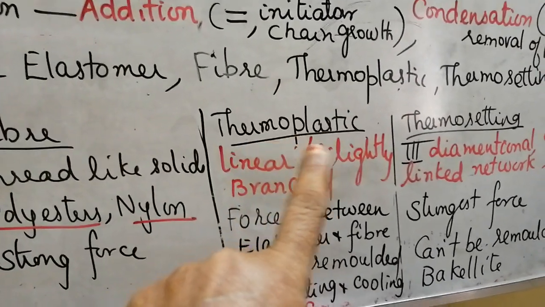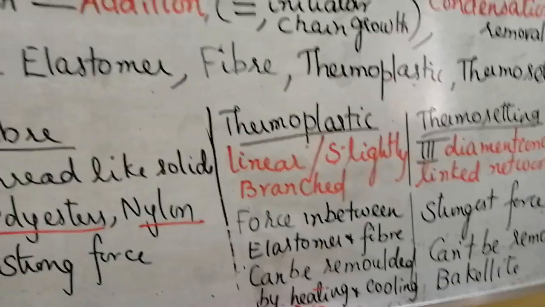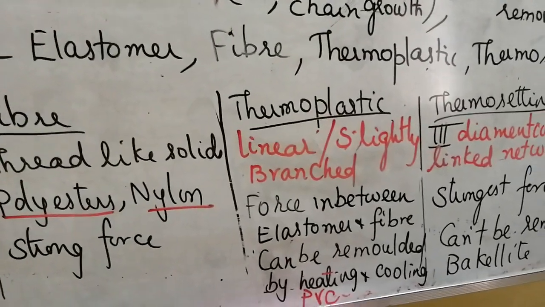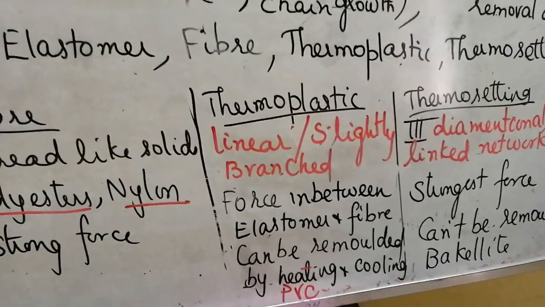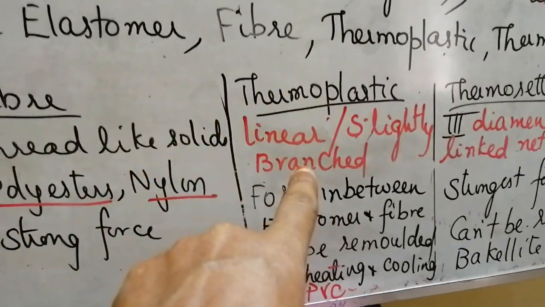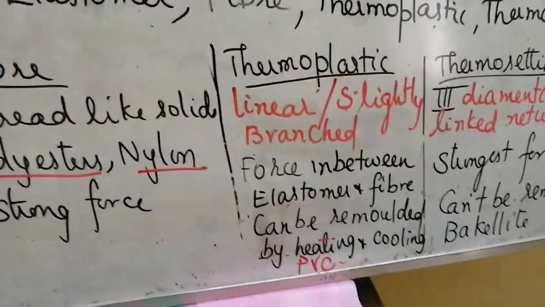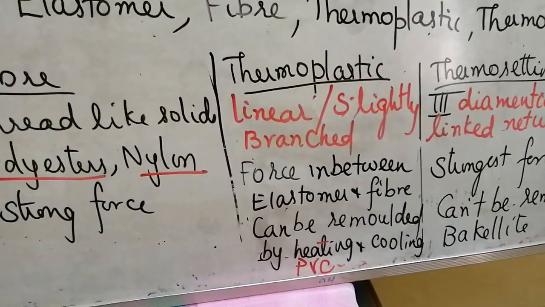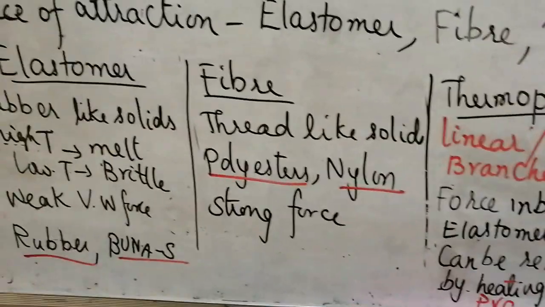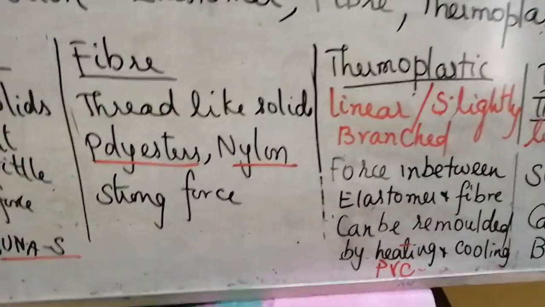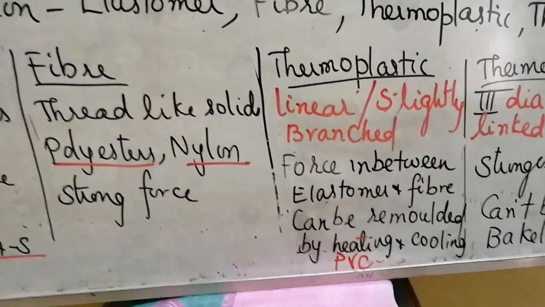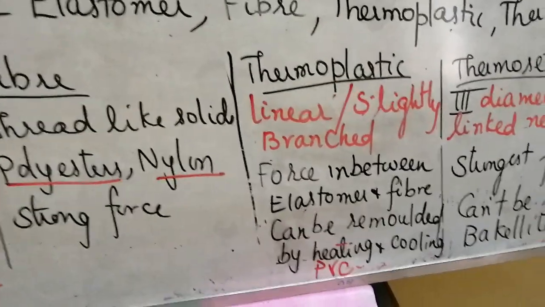As you all know, from the name itself we can understand thermoplastics. They are affected by heat. They will be linear or slightly branched polymers. Their force will be in between elastomer and fiber.